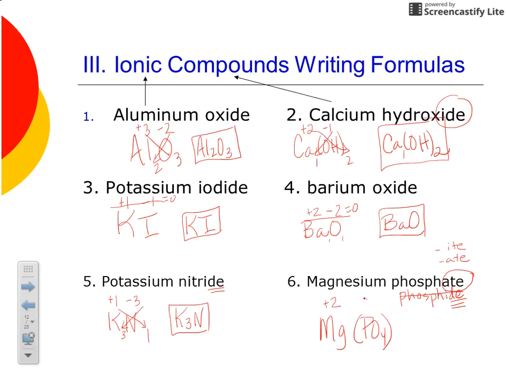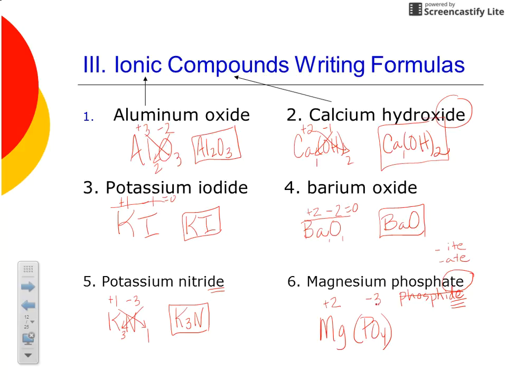Phosphate is a -3 charge. The way I remember its charge is because there's phosphorus in this formula, and phosphorus is in group 5A, and they always form a -3 charge. So the same thing for phosphate and phosphite, they're all -3.